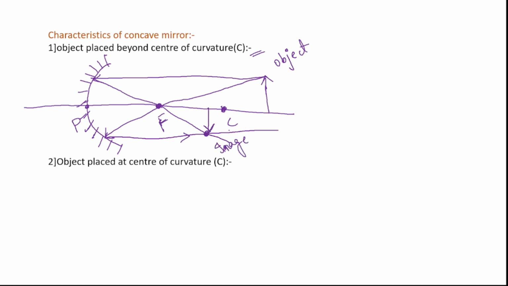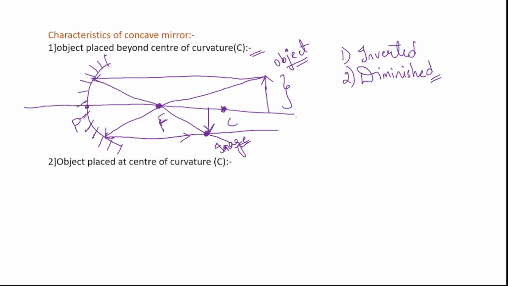So let us write the characteristics of this image. Okay, so what are the characteristics of the image? By seeing this only we can say one characteristic. The image is inverted, so we are getting the image as an inverted image. Inverted in the sense the image is not upright, it is upside down. Next, it is diminished compared to the object. Diminished in the sense it is small, so it is smaller in size compared to the size of the object.